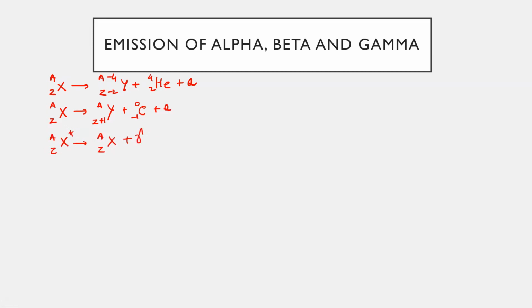Okay, so based on that, there are some questions. I'll first write down the question, allow you to think, and then you can complete it. Let's take the first question where there are numbers given to you. So this is 214, and this is X, and this is 85.